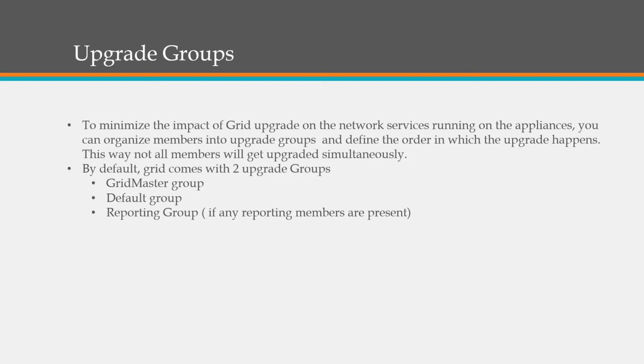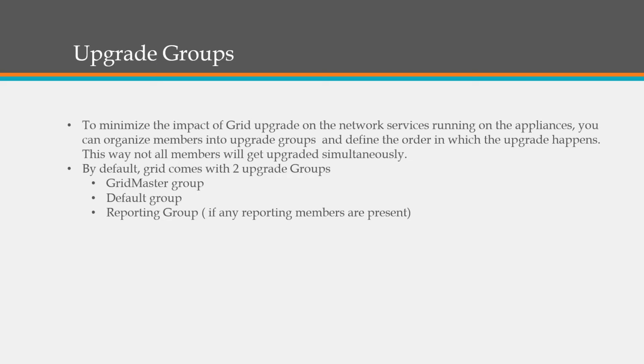What it does is that you can organize members into upgrade groups. You can have multiple upgrade groups, and then you can configure them if you are planning to do an upgrade or distribute. Again, I'll explain what distribute is in a minute, but it will give you the flexibility to define which members or appliances need to be upgraded in one go, so that things will not happen simultaneously or in parallel.